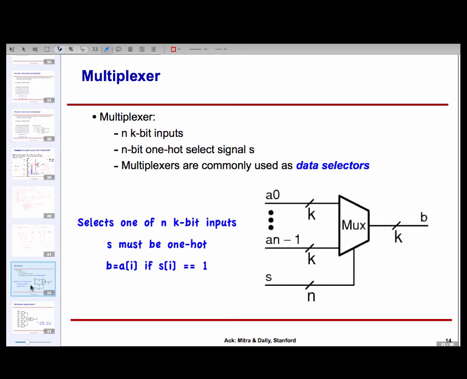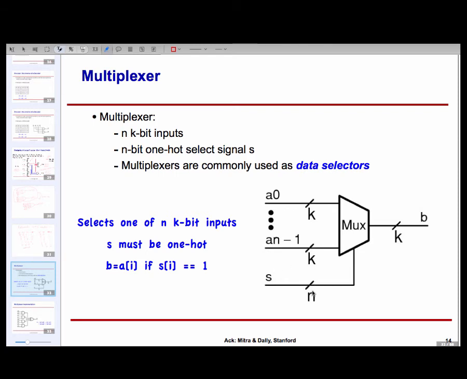I want to steer information from one of these n sources to the output. So B should be equal to either A0 or A1 or An minus 1, one of these n A's. Which one it should equal, I select using this control input. We call this the S input, for select, and that is n bits.